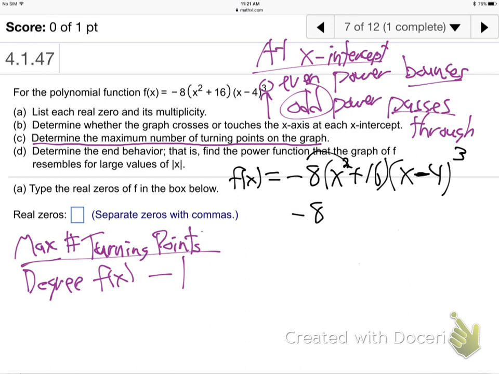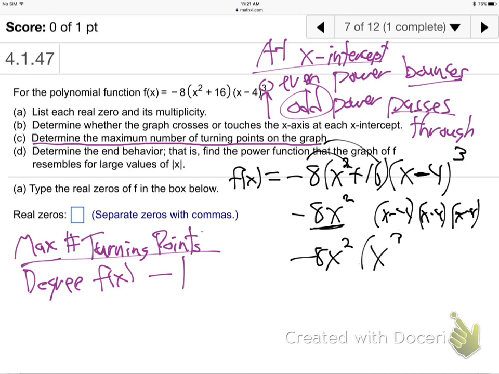How does that work? If I was to FOIL, I would get minus 8x squared plus or minus whatever, who cares? I would get minus 8x squared. That'd be the most powerful part. And then if I was to FOIL out x minus 4, x minus 4, x minus 4, third power, the most powerful term would be x cubed, right? x times x times x, and then other stuff. I'm just trying to find the most powerful term.